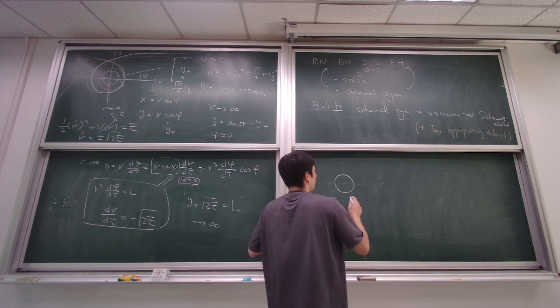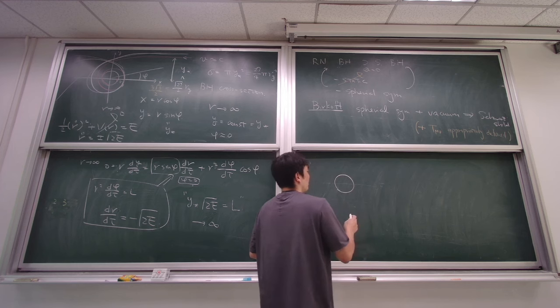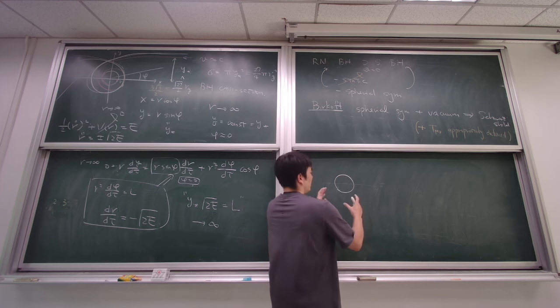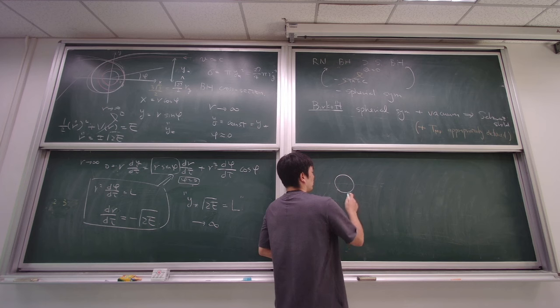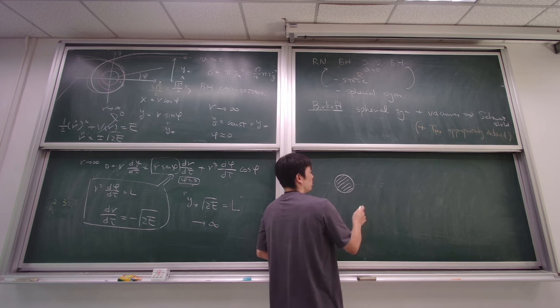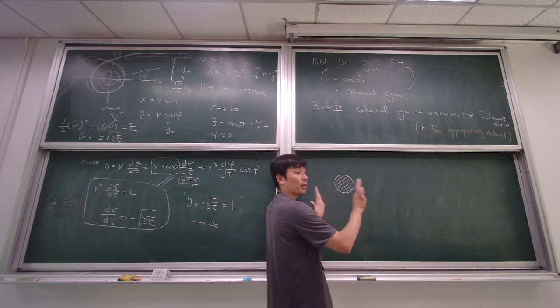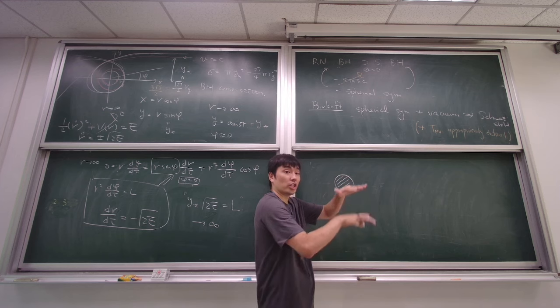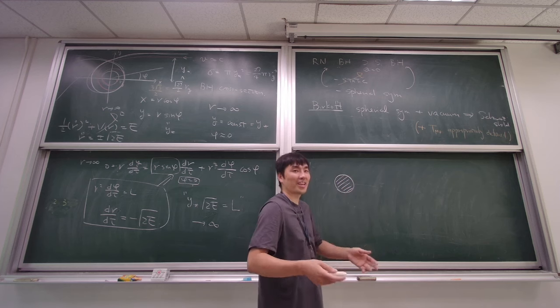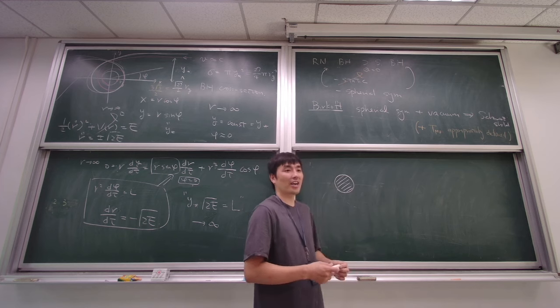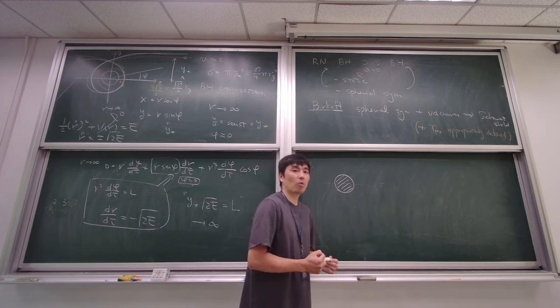Spherical symmetry means that if you have some S-wave, say there's a star here and you move only in the radial direction in a homogeneous way, that is an S-wave. You learn the S-wave in the hydrogen wave function, right?